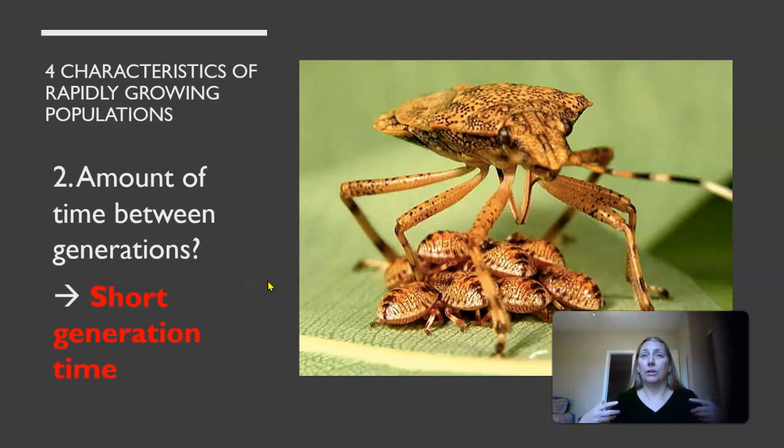So you can have a litter of offspring, and then just a short while later, another litter, and then another litter, or whatever group of offspring you want to call it. So a rapidly growing population is going to have short generation times in addition to reaching sexual maturity early in life.